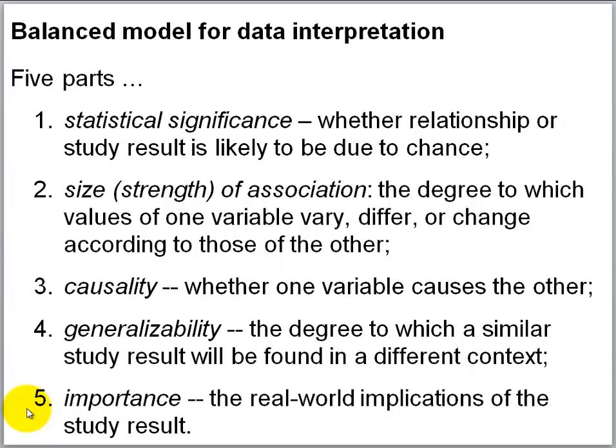So all of these 5 parts rest on their own accord. I'll make another statement, which is, look at the reasoning that's involved in these parts of the model. For statistical significance and size of association, our reasoning is statistical. It's entirely data-driven.